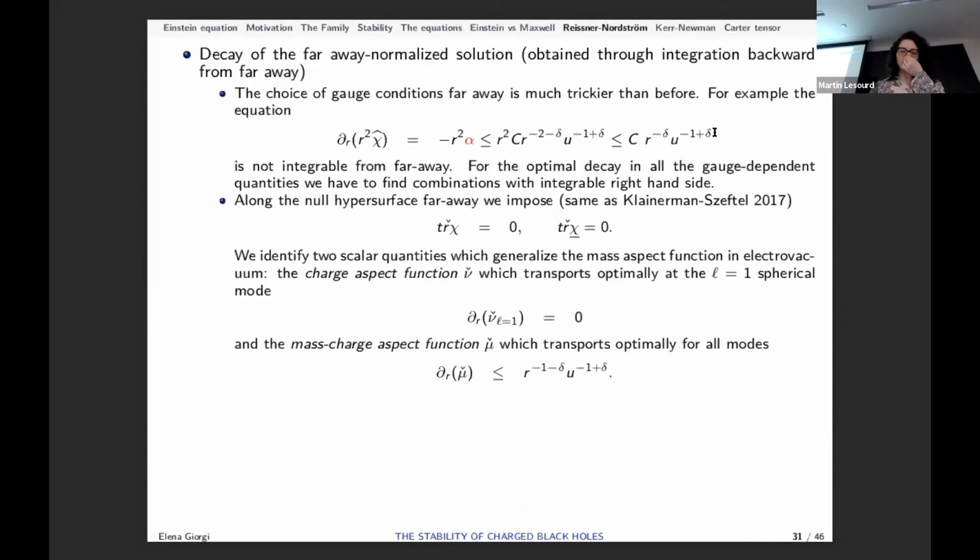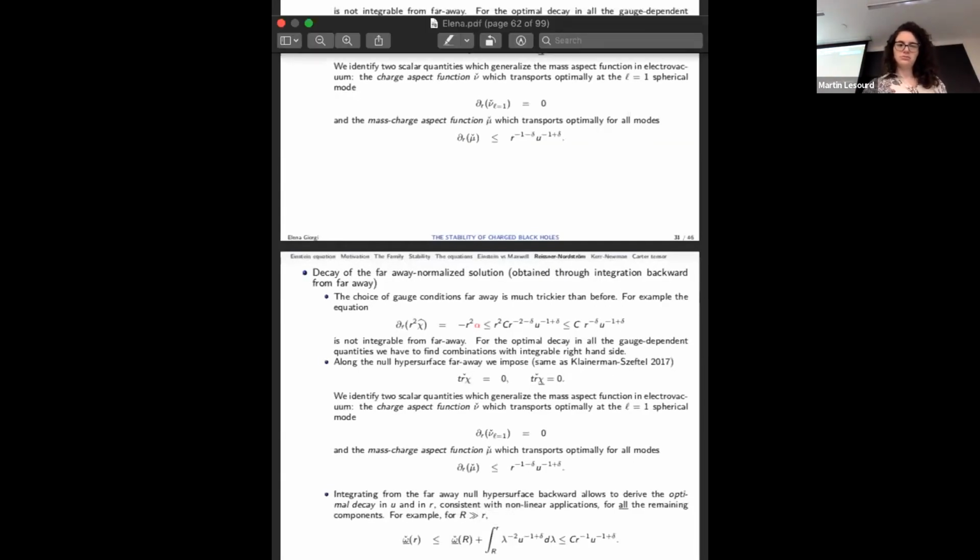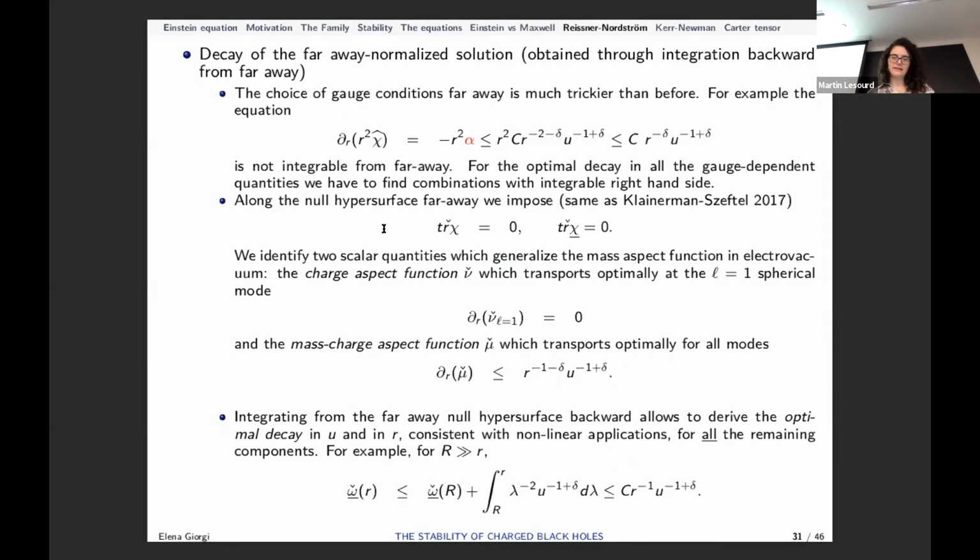Something that you can impose is that the trace chi and trace chi bar are the same as in the background. So the mean curvature of these spheres is the same as in Reissner-Nordstrom. This was the same choice as Klainerman-Szeftel. In addition, in the electrovacuum case, you also have to find the equivalent of the charge aspect function and mass charge aspect function that have integrable decay.